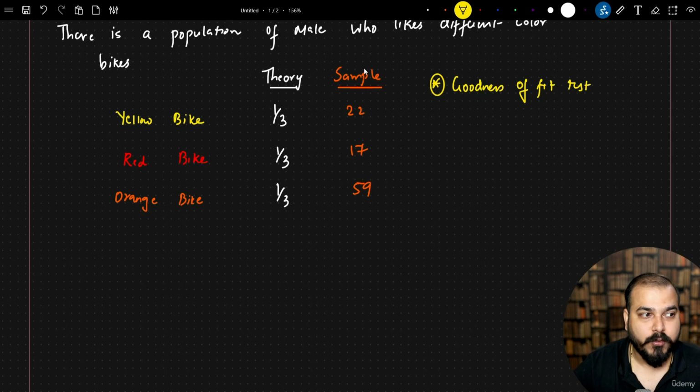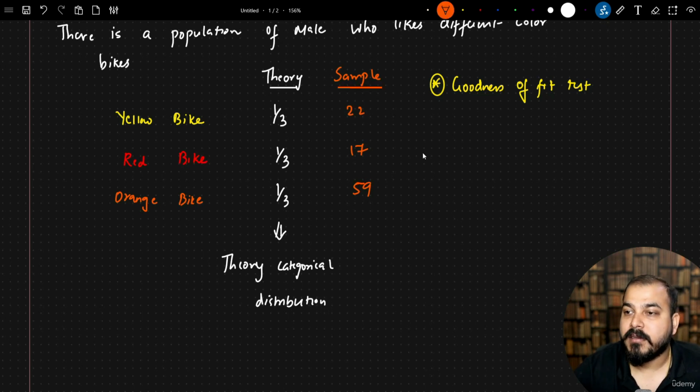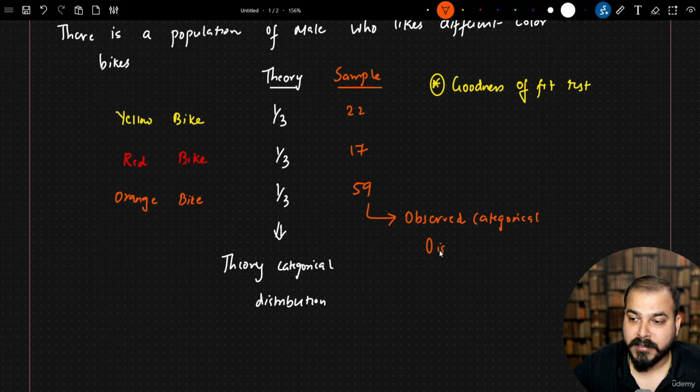The theory part that you see is called the theory categorical distribution, and this part is called the observed categorical distribution. Super important, because by using this theory and observed distribution, we will be doing the goodness of fit.